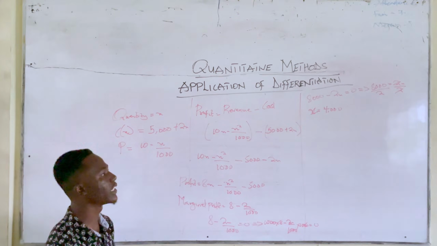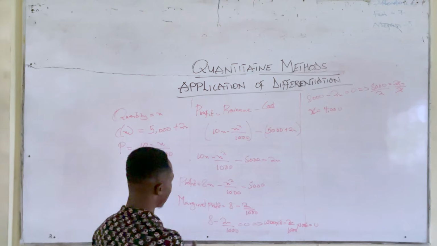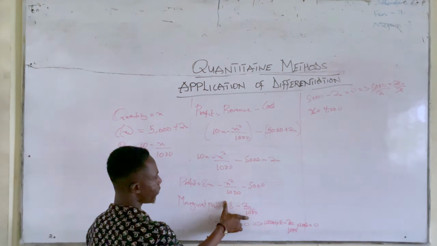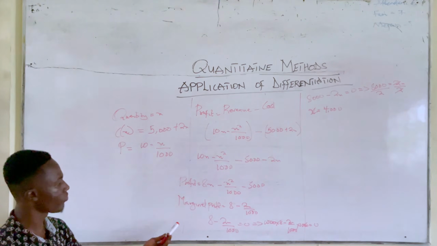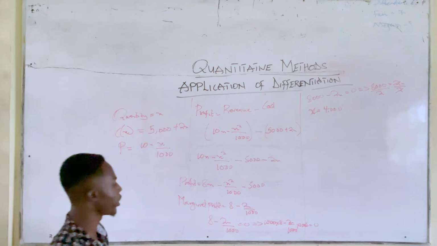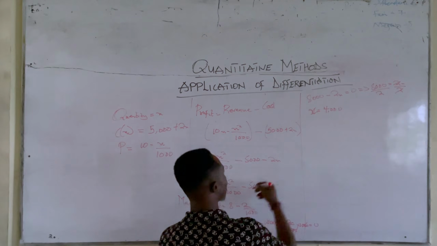But if it is theory, you also have to differentiate this function again. Where is the marginal? Yes, you have to differentiate this in order to prove that the profit is maximum or minimum. Okay, so we say marginal profit, right?